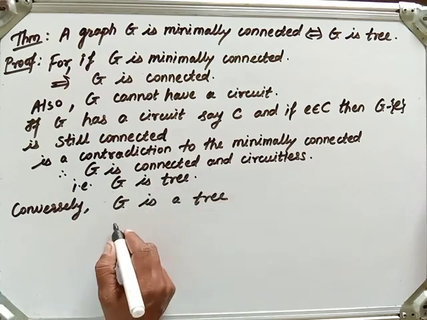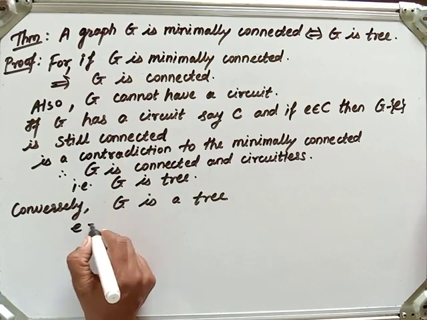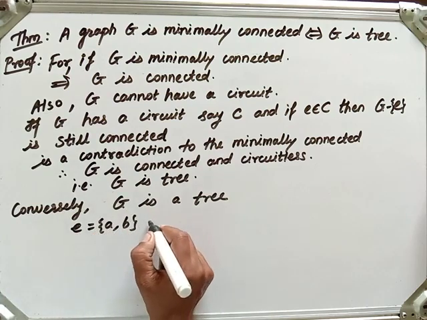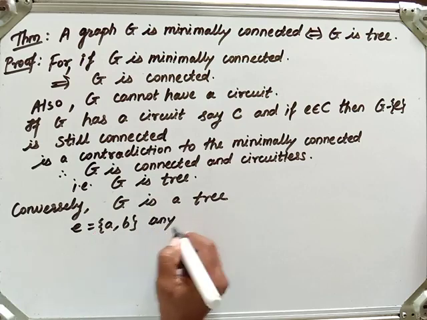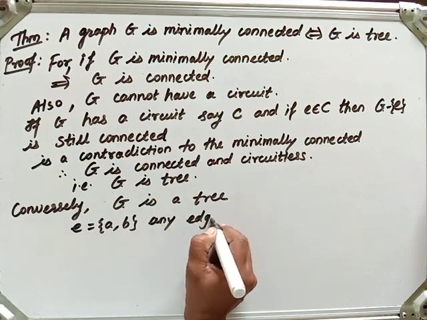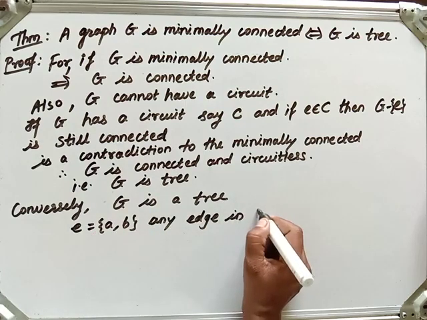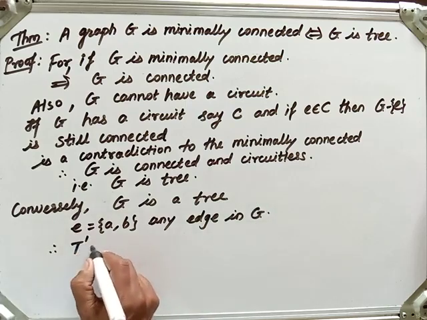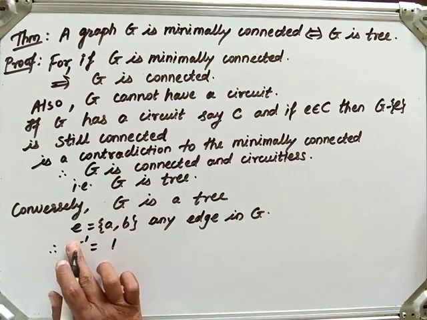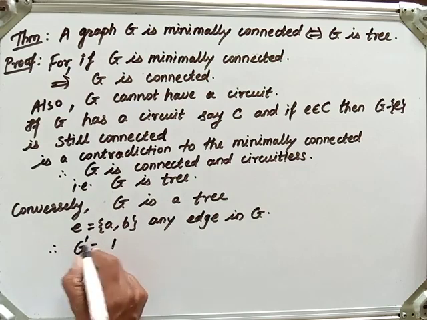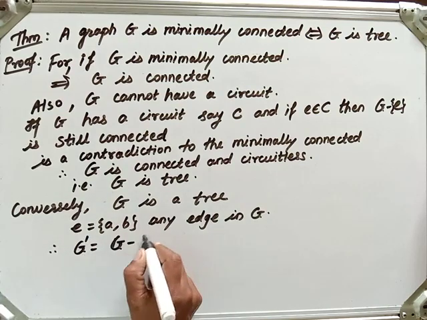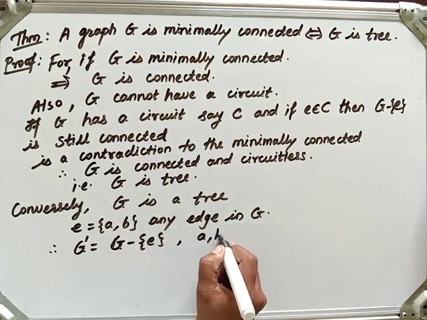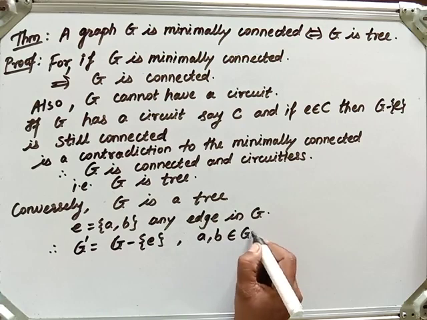Suppose e is any edge in G. Therefore, let G dash be G minus this e, with A and B as the end vertices of e in G dash.